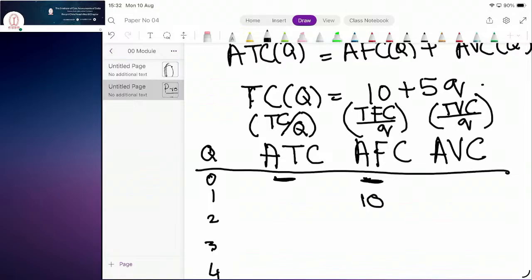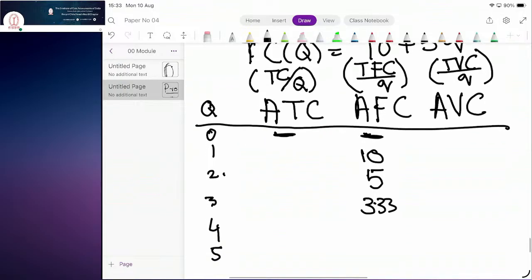Let us fill this TFC column first. 10 divided by 2, how much will you get? 5, correct. 10 divided by 3, we will get some fractional number, okay? 3.33 I am putting. Right?